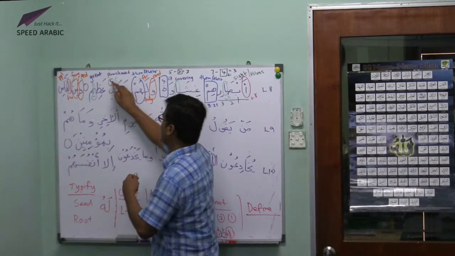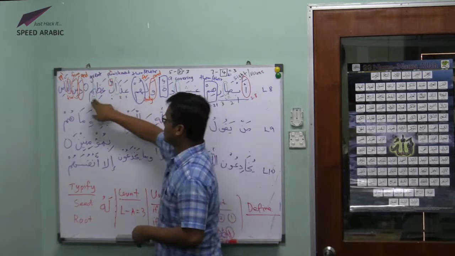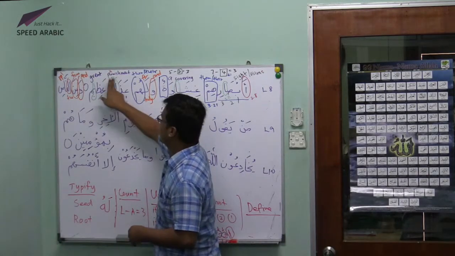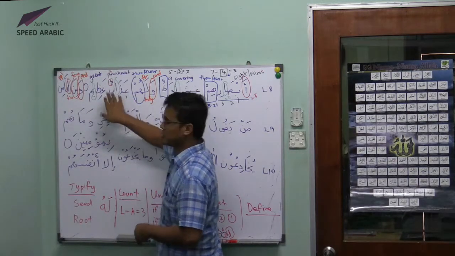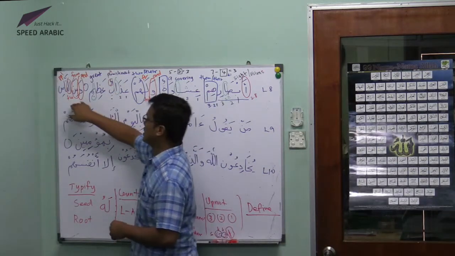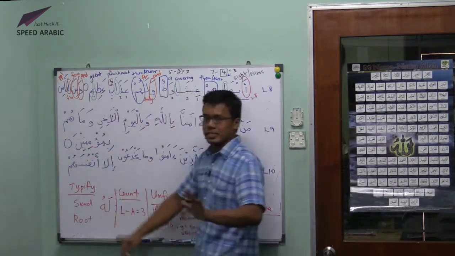When you see a tanween, that's a, okay, and for them a punishment. So a great punishment, okay, full stop. Wa minan nas. Okay, I think this one leave for the next one.